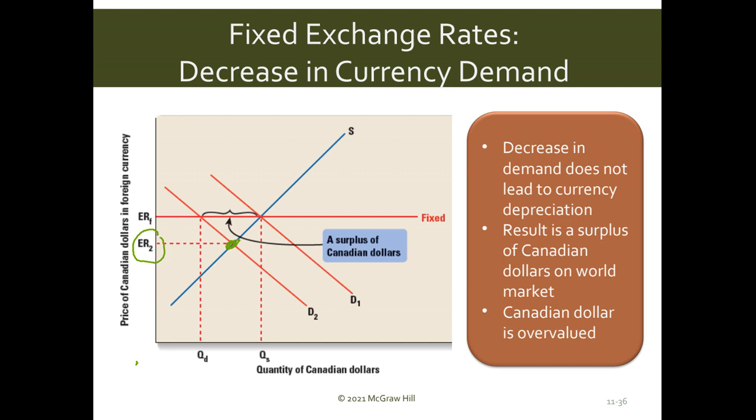So what will government then do? With the same fixed exchange rate system, government will say, okay, now we are refixing this exchange rate, and now we are fixing the exchange rate at this point. So government will change the fixed rate from this to this.